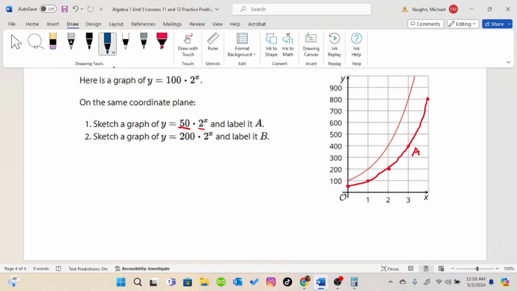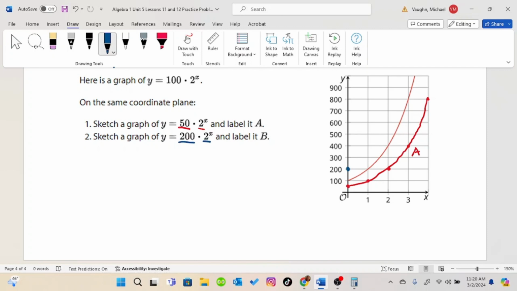For number 2, sketch a graph of y equals 200 times 2 to the power of x and label it B. We know the y-intercept is 200, so we can plot the y-intercept at 200, and we know that our growth factor is 2 each time.